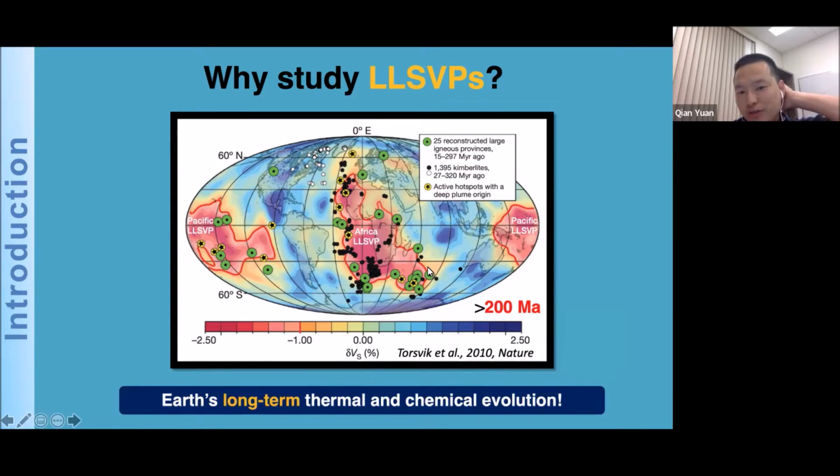It found that if you project the boundary of the LLSVPs to the surface and do plate reconstruction, the boundary of the LLSVPs may control the eruptions of large igneous provinces, kimberlites, and also some active volcanoes at hotspots for at least the past 200 million years. Other studies suggest it can be even longer. But anyway, this is a long time scale. So by studying the two blobs, we can better understand the Earth's long-term thermal and chemical evolution.